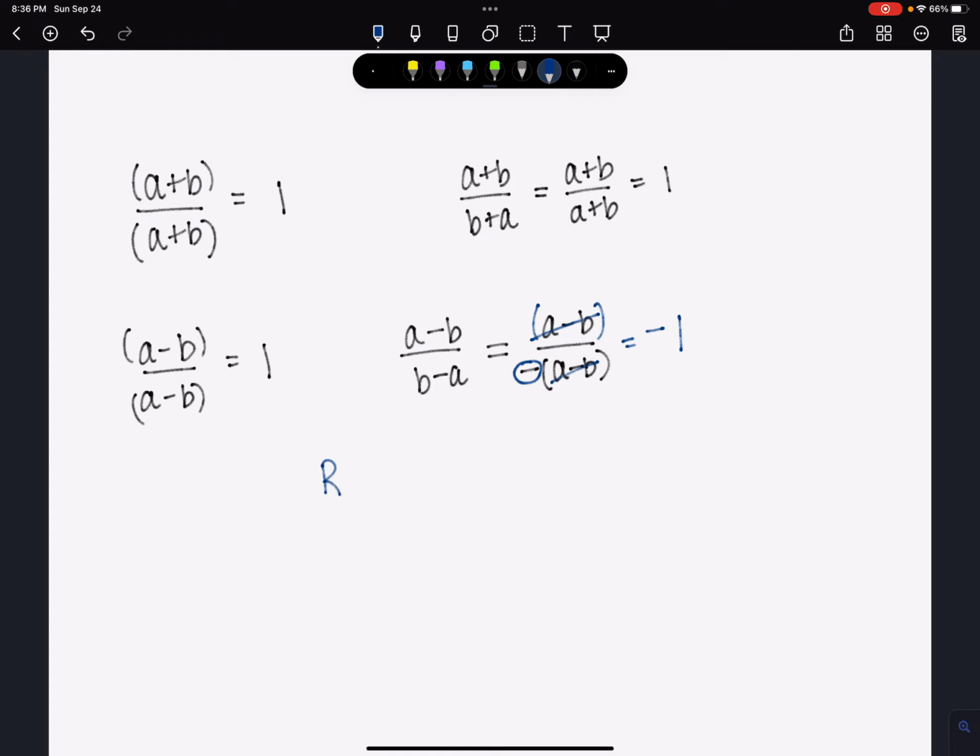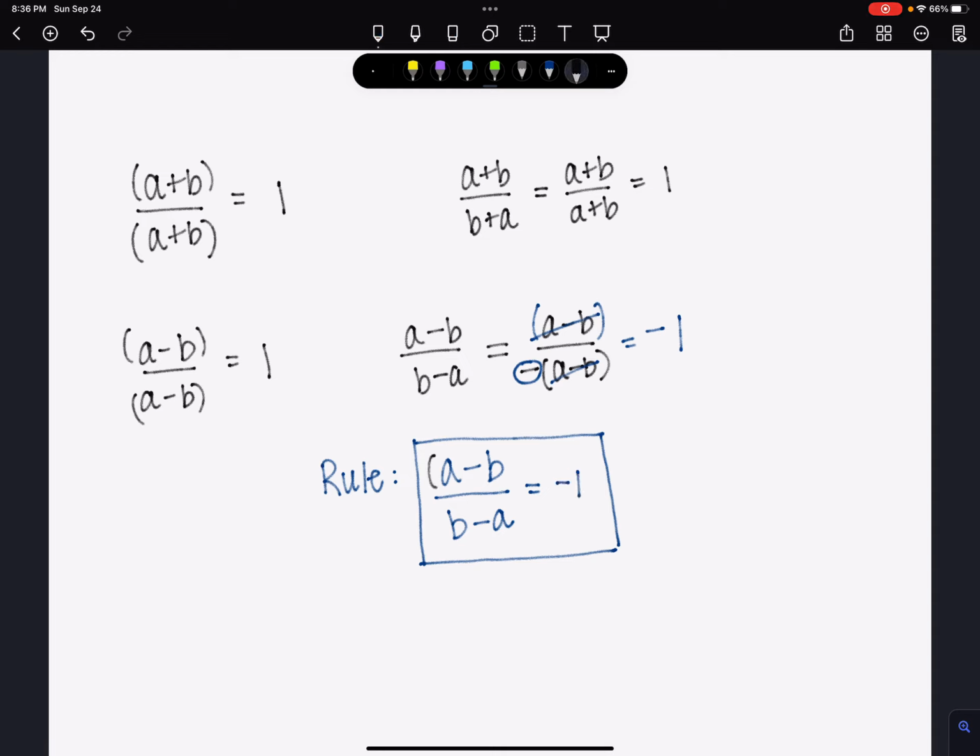So the rule is that if I have the same exact values being subtracted in the opposite order from the numerator than they are in the denominator, that's going to equal negative 1.